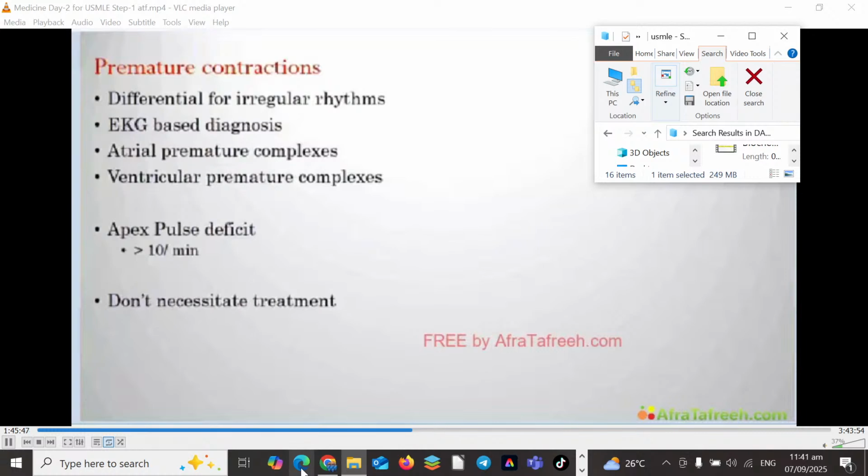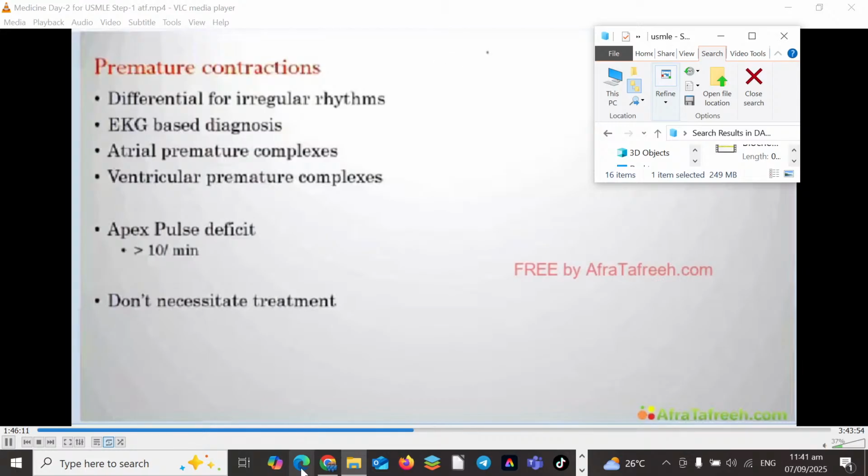What you mean by a premature contraction is a contraction which starts before the sinus node reached it. So before the sinus node impulse comes, there is one ectopic source of activity which is throwing that impulse. This can be in the atria, this can be in the ventricle.